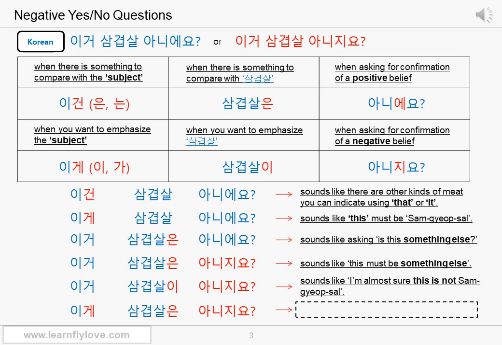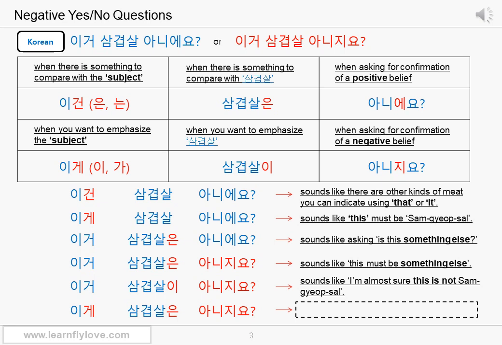We didn't add 이거 삼겹살이 아니에요 with the subject particle 이 to 삼겹살. Not just because of lack of the space, but also because it sounds similar to the original sentence without any particle. 이거 삼겹살 아니에요? 이거 삼겹살이 아니에요?